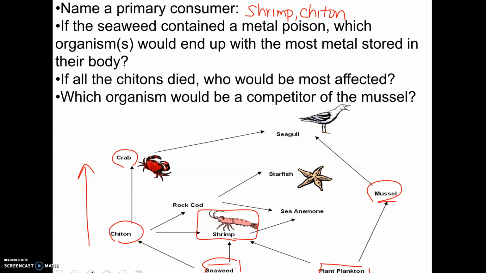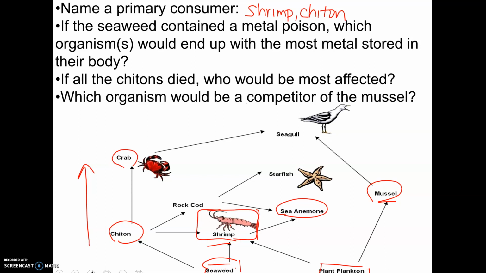to eliminate it. So what that means is when the shrimp, for example, eats the seaweed, they're going to get all the toxins that have built up in the seaweed, and those are now going to get stuck in the shrimp. And remember, one shrimp needs to eat a lot of seaweed, and one sea anemone eats a lot of shrimp. So what's going to end up happening in these situations is that the further up you go, the more buildup, this stuff is going to become more and more concentrated.